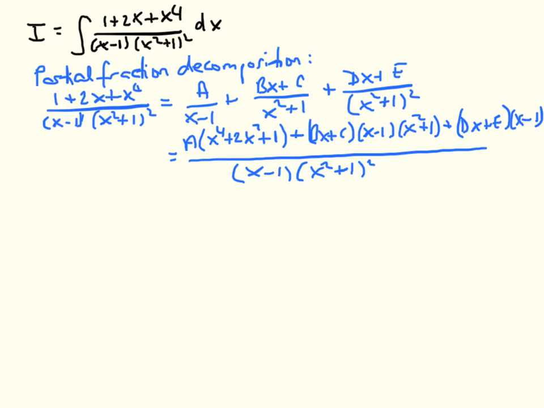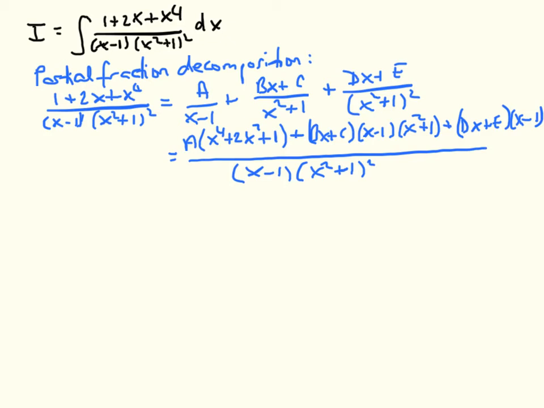So now what we have to do is, on this side we have to multiply these terms out and equate the powers to the powers on this side. So I'm going to immediately ignore the denominators because they are by construction the same, and just look at the numerators. So let's have a go at that.